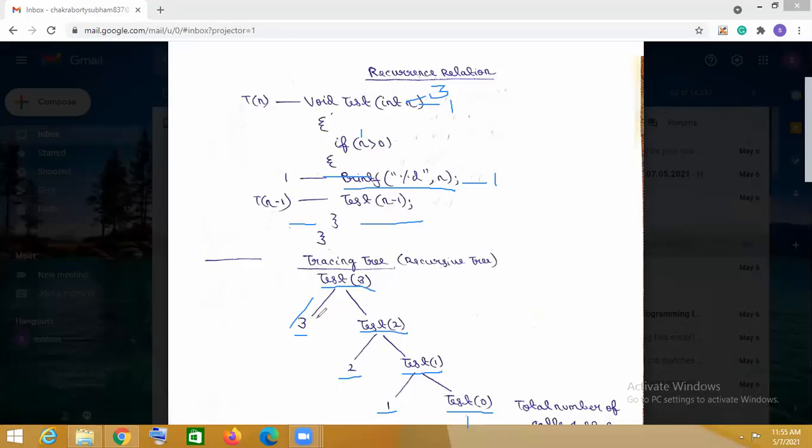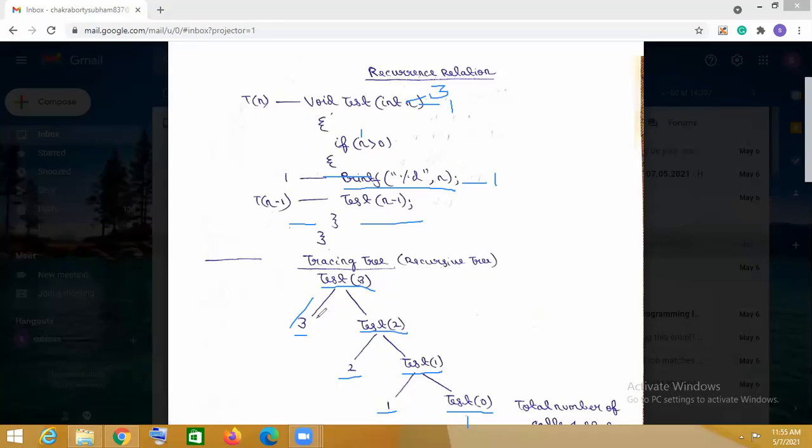So the amount of work done depends on the calls. That's why we can say that our time function f(n) is equal to n plus 1, which means it is of the order of n.